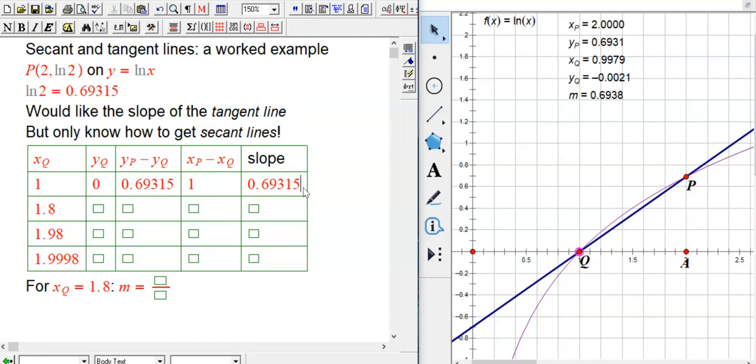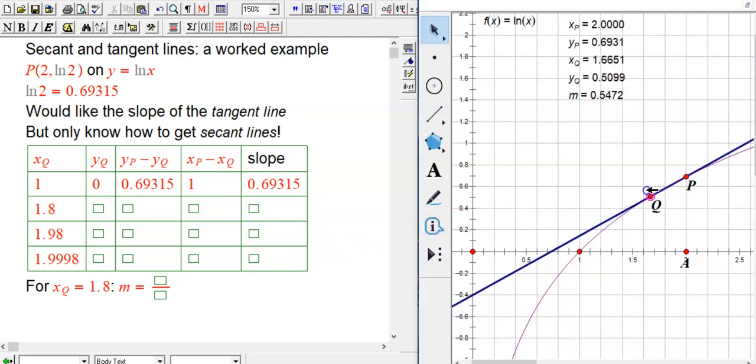Okay, so that's just what it is. Let's go closer. If I peg this at about 1.8, I'm going to use Geometry Sketchpad here to give me a rough answer, and then I'm going to show you that I pre-calculated stuff. Actually, that's pretty close, 1.8. Now the y value is 0.5873. It's much closer to 0.693. And the slope, I had it calculate exactly the ratio of yp minus yq over xp minus xq.